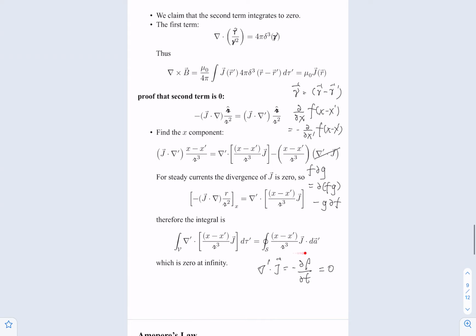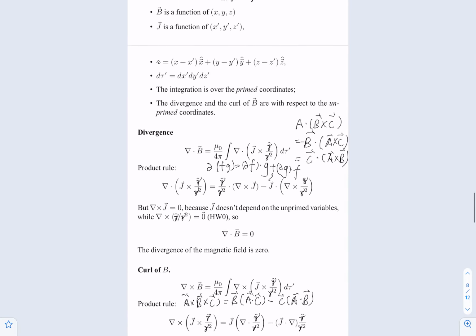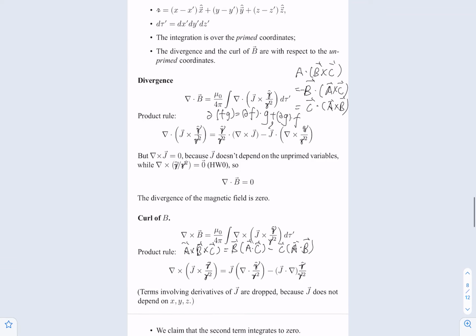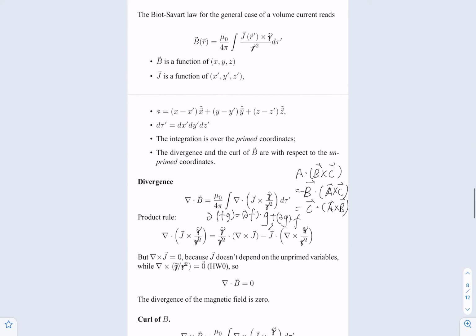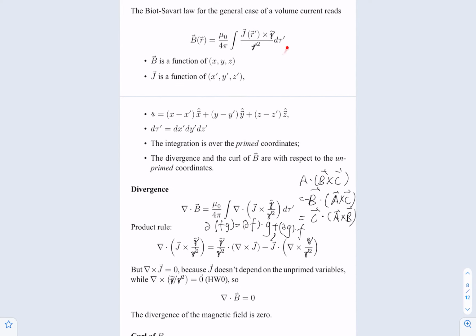Remember that this integration is over the source. Even though we are discussing integration over the entire space, we are still looking at the source that's over the r prime vector, so we are still looking at the B field at a single point r.